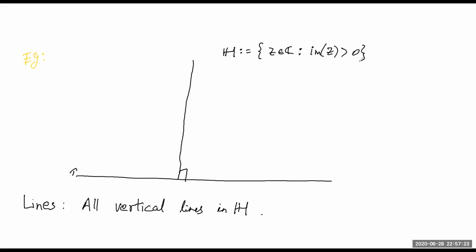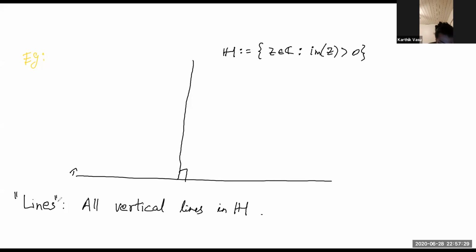So all vertical lines in the upper half space will be lines, quote unquote lines. And also all semicircles with center on the real line.